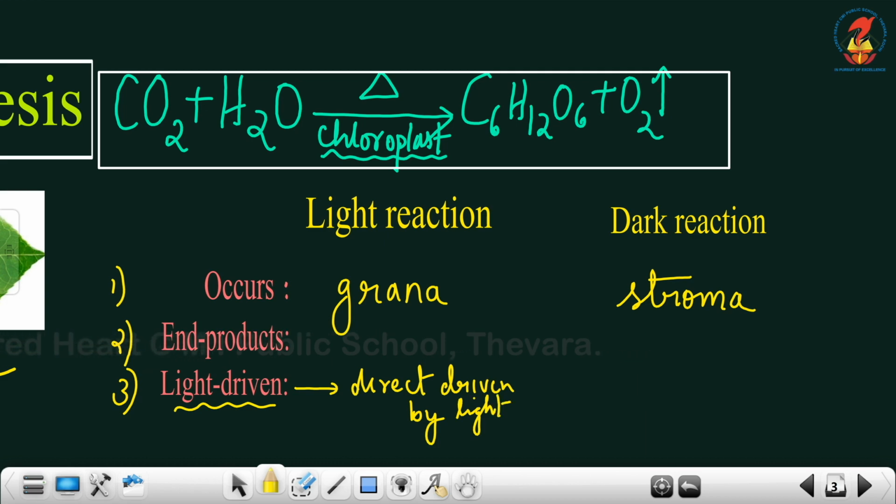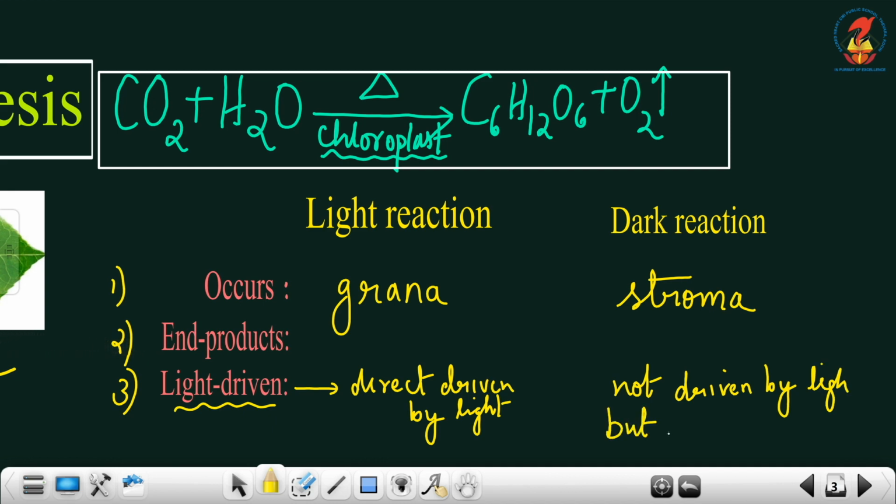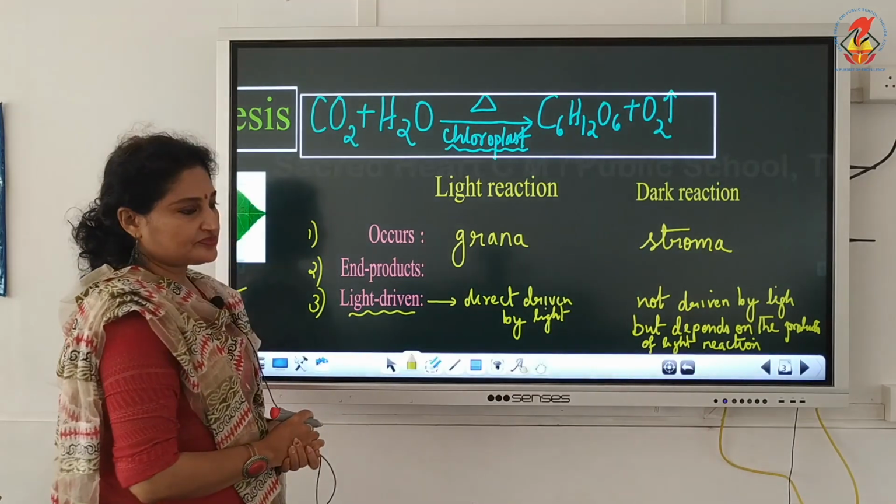But dark reaction is not at all driven by light. And you give a clause here, but depends on the products of the light reaction. And also it follows the light reaction immediately.